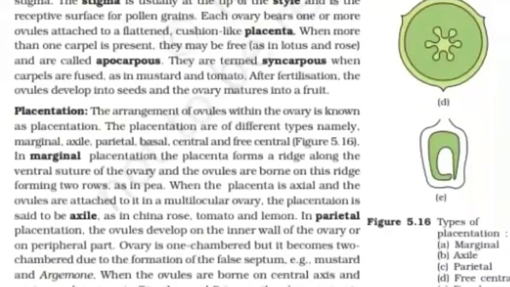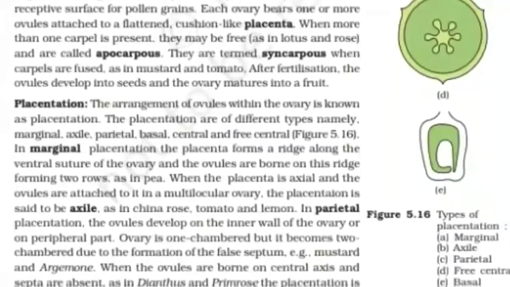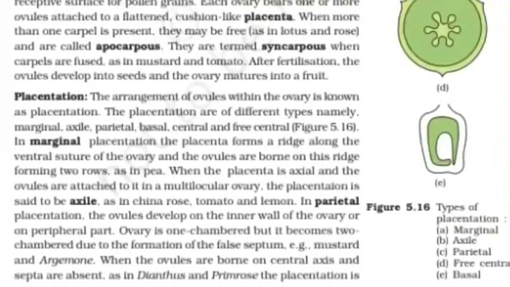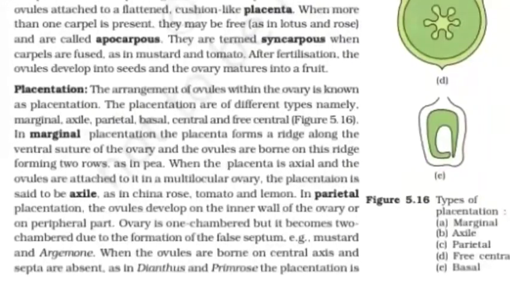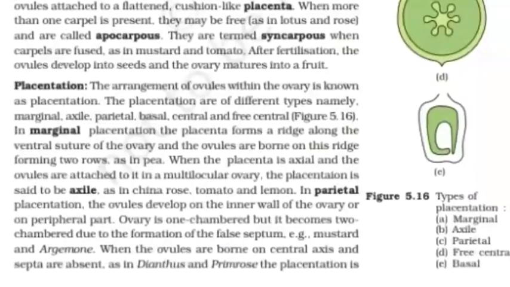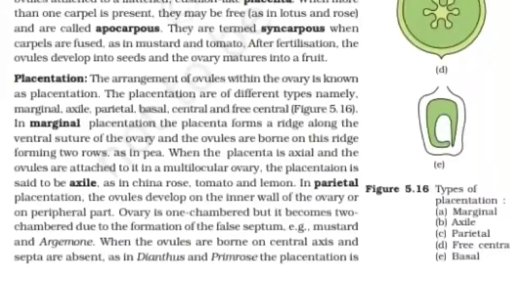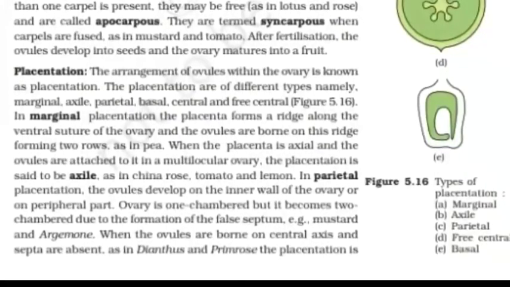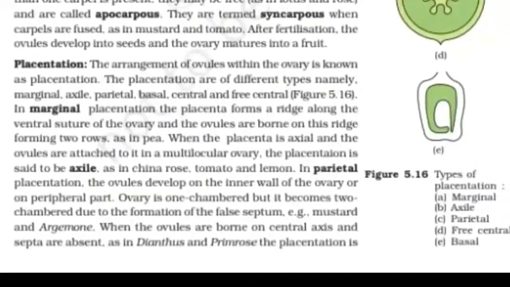When the placenta is axial and the ovules are attached to it in a multilocular ovary, the placentation is said to be axial, as in China rose, tomato, and lemon. In parietal placentation, the ovules develop on the inner wall of the ovary or on the peripheral part.